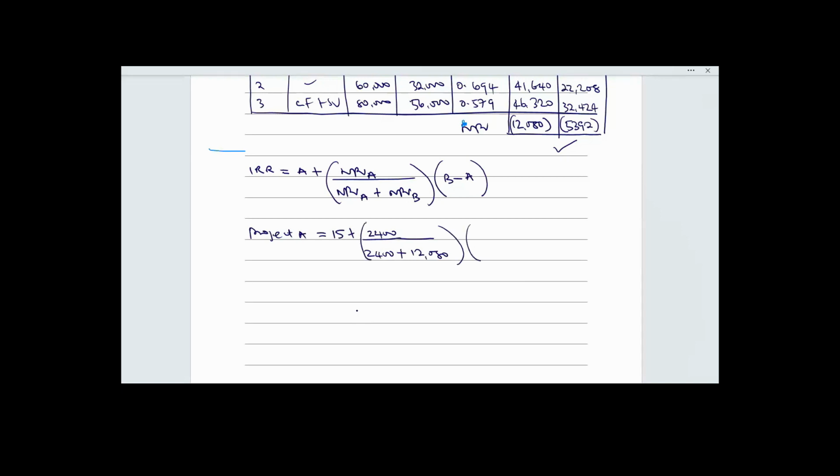All of this multiplied by 20%, higher discount rate minus lower discount rate.